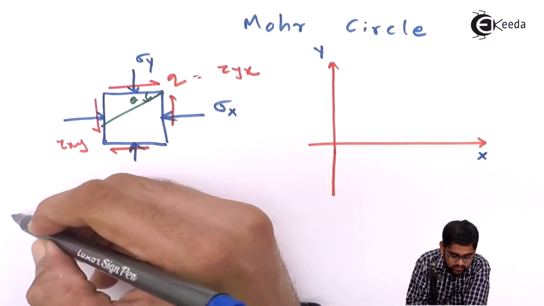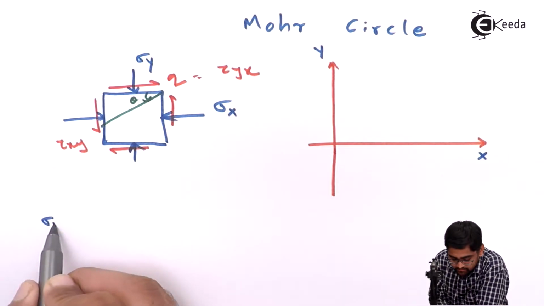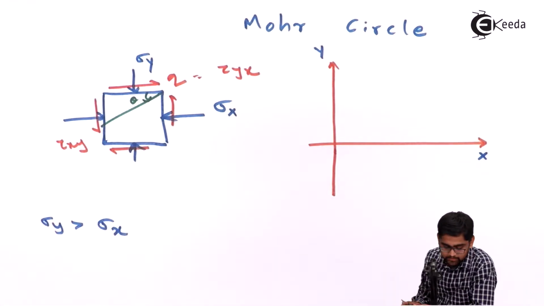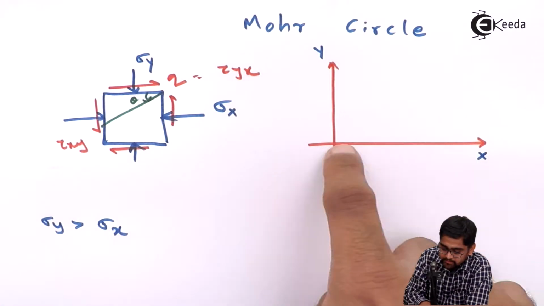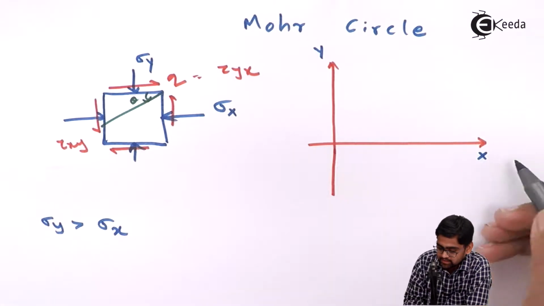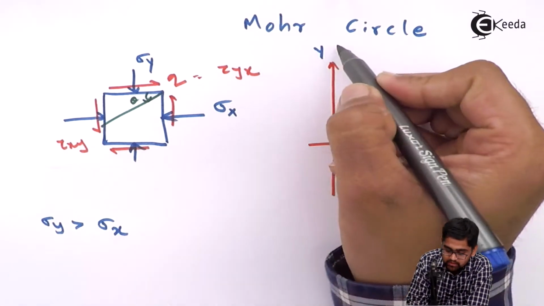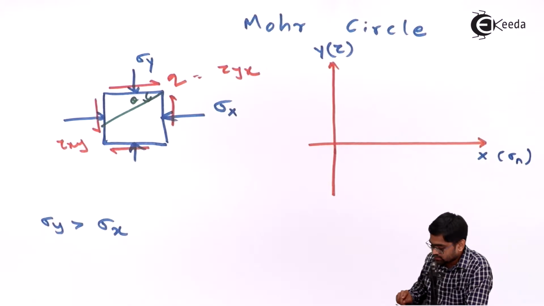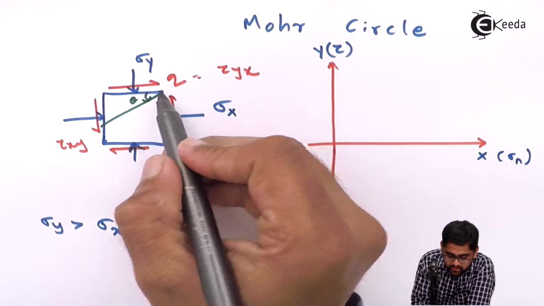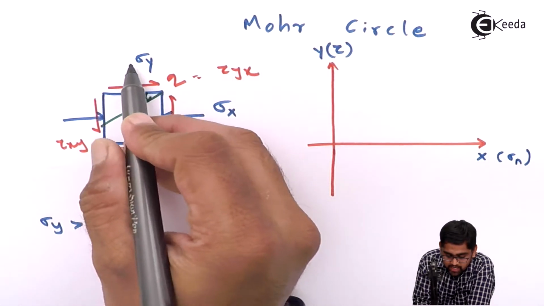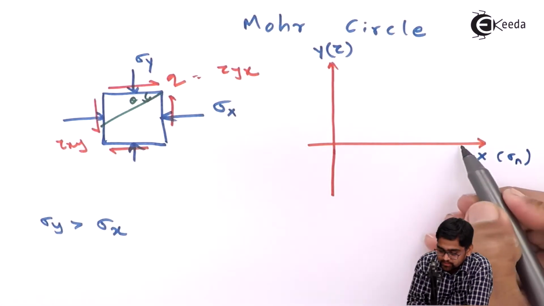We consider here in this case sigma y as greater than sigma x, as in the previous cases. Sigma y is greater, so it plots on the normal stress axis. This x-axis is the normal stress axis, and the y-axis is your shear stress axis. So on this normal stress axis, it's plotted here. It's sigma y. Okay, so this is the sigma y value.